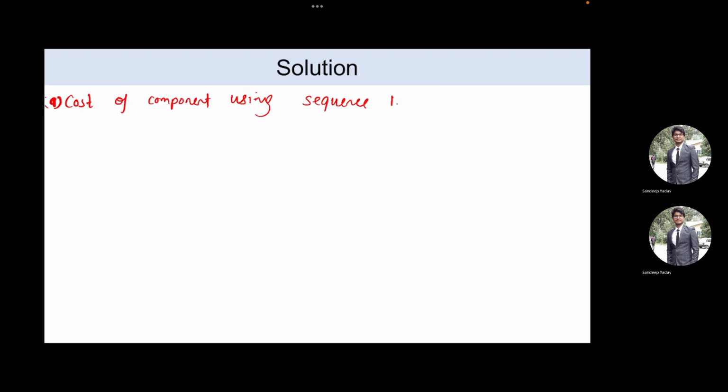Process sequence 1 is turning followed by milling followed by shaping followed by drilling, and for the calculation of the cost of this process, we can use operation number, operation time, machine hour rate, and the cost.